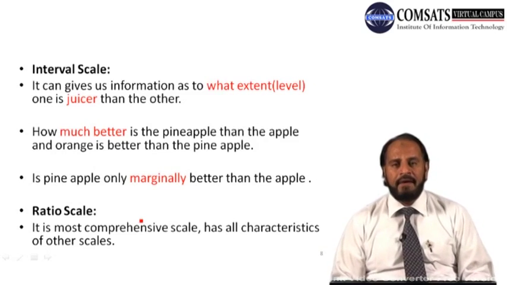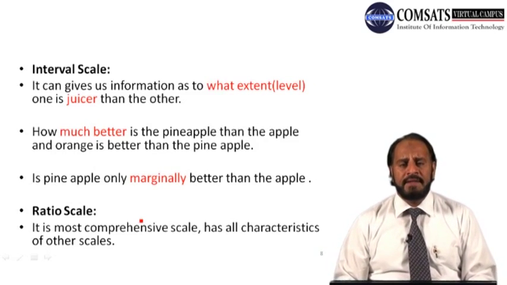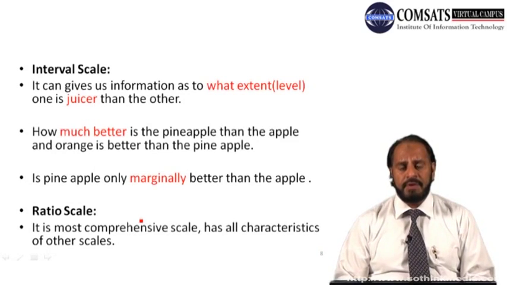So we are trying to see, among pineapple and oranges, to what extent they are juicier, or as compared to apples and pineapples. The extent of the difference between the two is not seen, meaning we might rank 1, 2, 3, that apples are the least juicy, pineapple is juicier than the apple, but oranges are juicier than the pineapple.